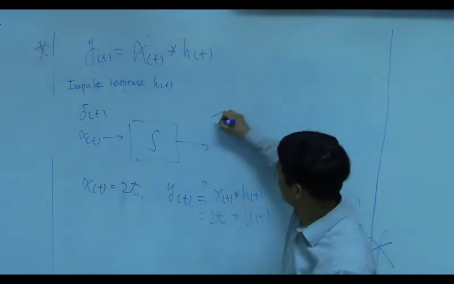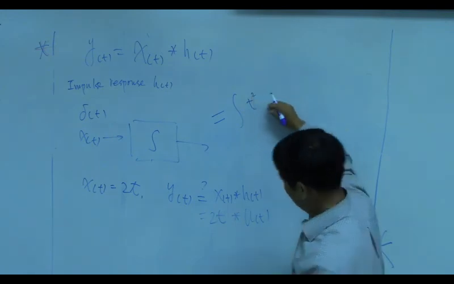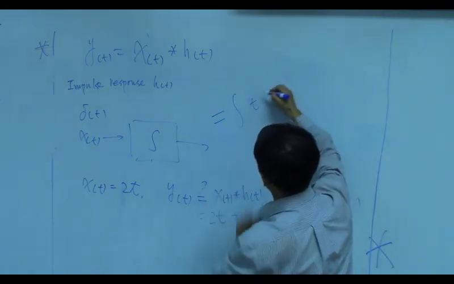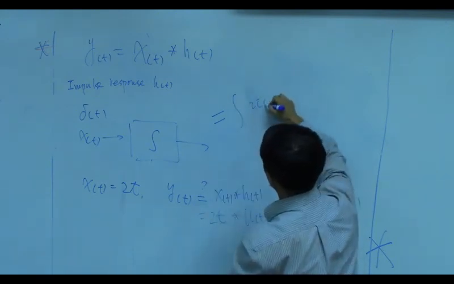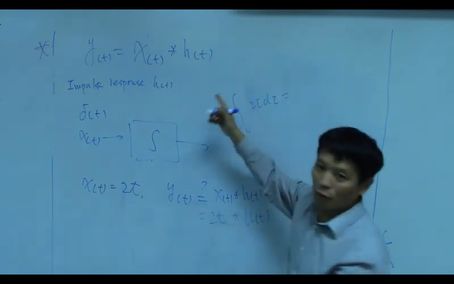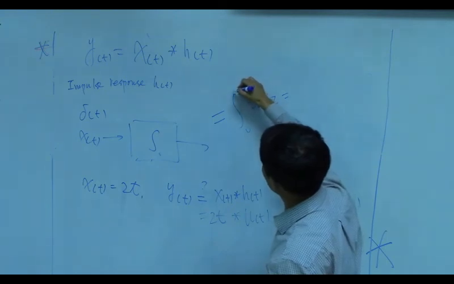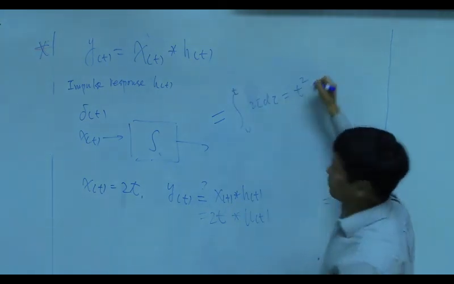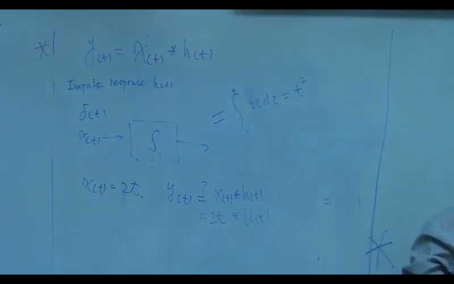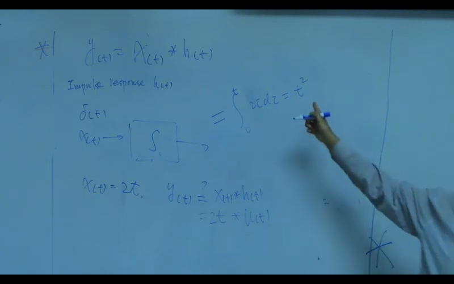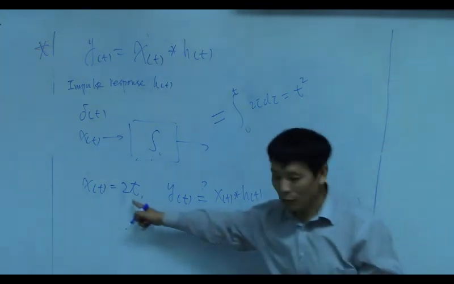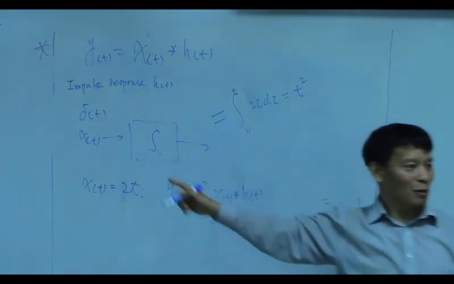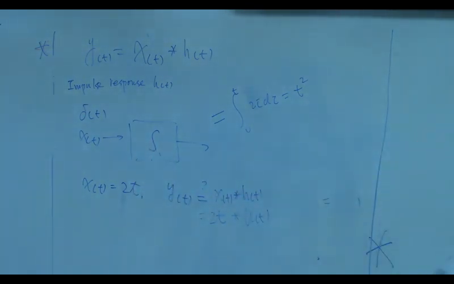So that result will equal the integral of 2 tau d tau, from 0 to t, so that will be t squared. Somebody just mentioned it's called r. No, that's t squared. The integration of r, because this is r, we get a quadratic form, a second order polynomial.